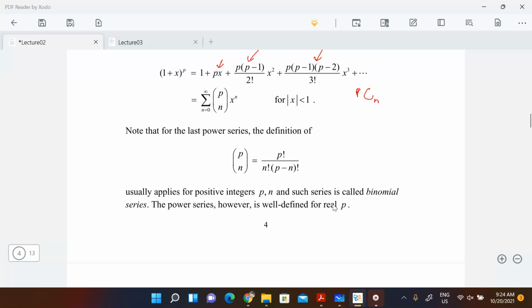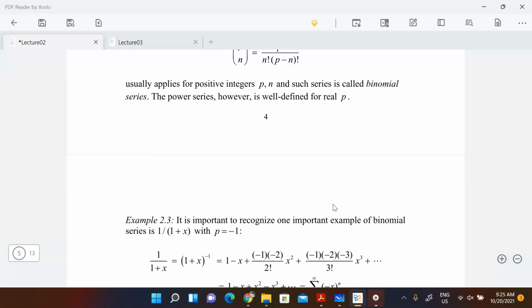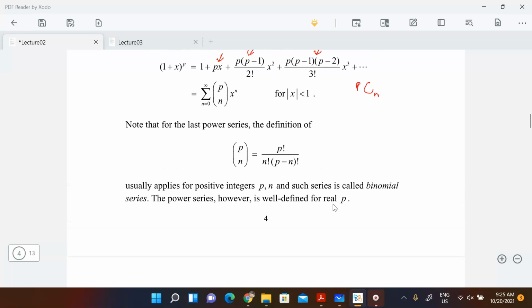But you can extend your binomial series. Usually you consider your p here to be an integer, right?